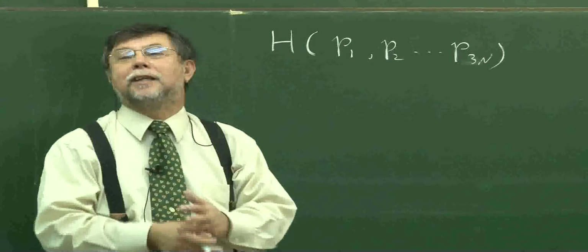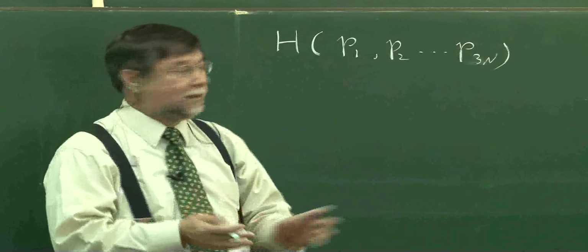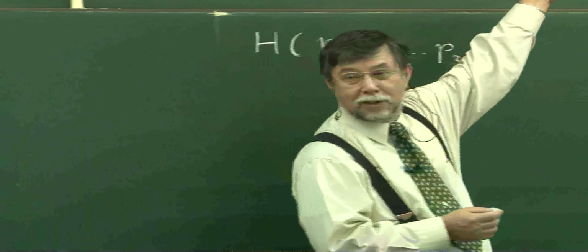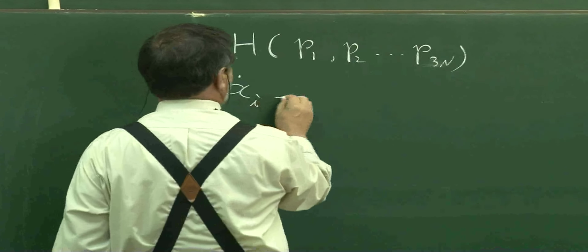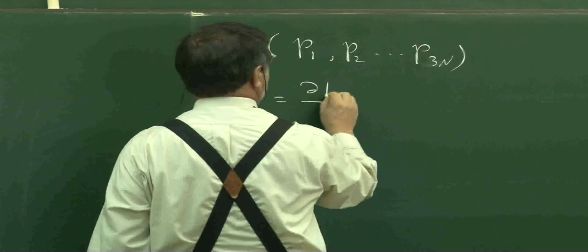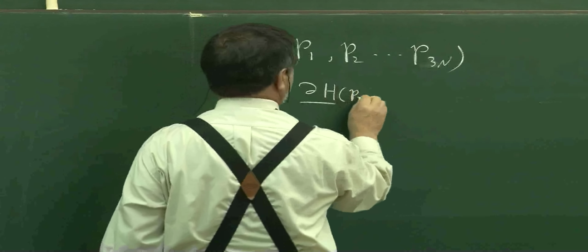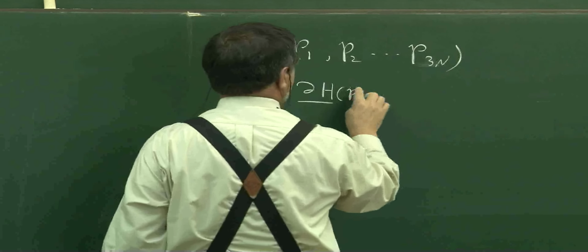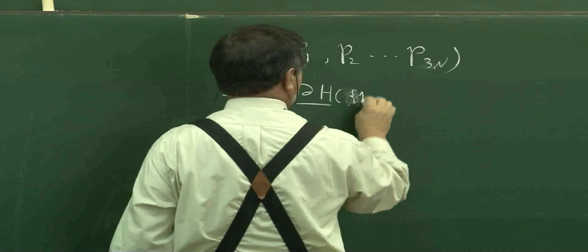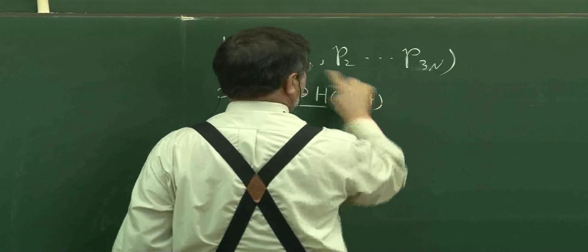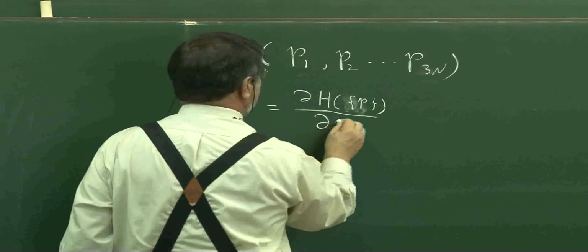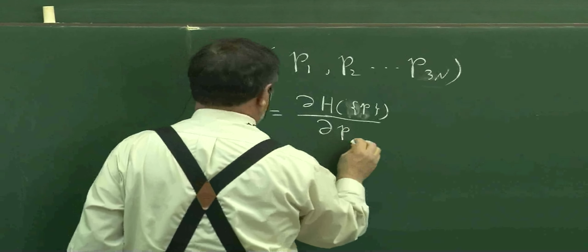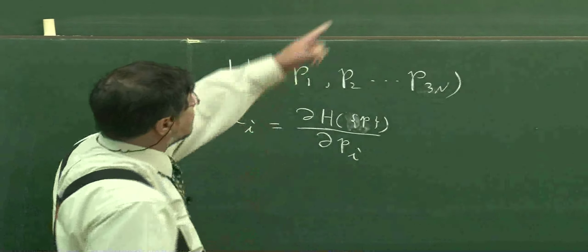Suppose that is the case. Let's think about Hamilton equation of motion. First line, okay, I will write a set of P, okay? So that I just abbreviate this one, divided by Pi. That is the first line.